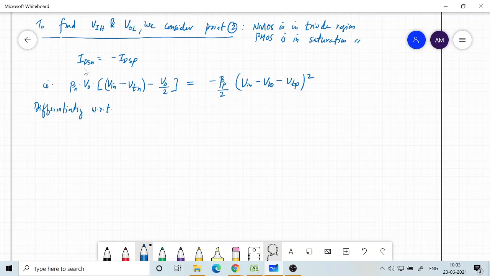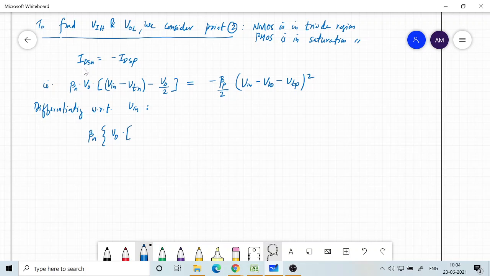Okay. Now differentiating with respect to Vin, what we will get? Beta n into dV0 by dVin. So there are two terms here now. So I can take the big bracket first term into the derivative of the second. So what is the derivative of the second?